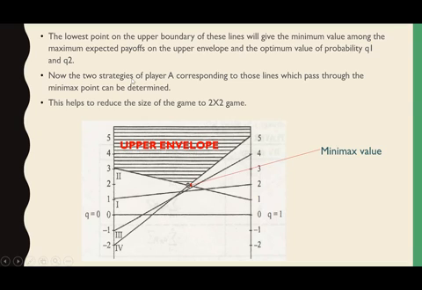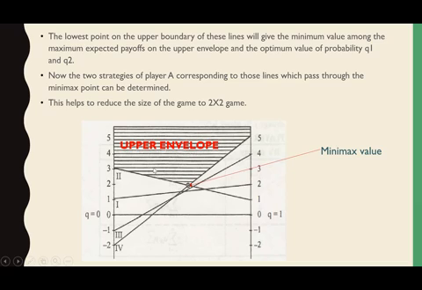Now the two strategies of player A corresponding to those lines which pass through the minimax point can be determined. The point generated as the point of intersection has to be the lowest point on the upper envelope.